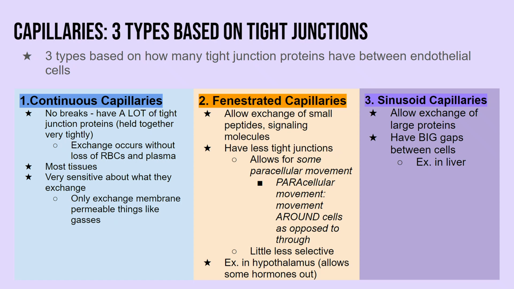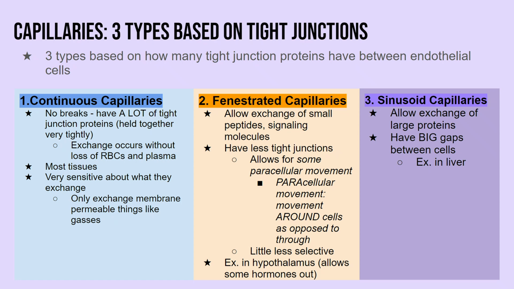So they're very sensitive about what they can exchange, because nothing can get in between the endothelial cells of the capillary to pass between tissues and blood. So anything that's leaving or entering these capillaries has to go through the cell membrane. And the cell membrane is very selective about what it lets in and out. So it's only permeable to things like gases in continuous capillaries.